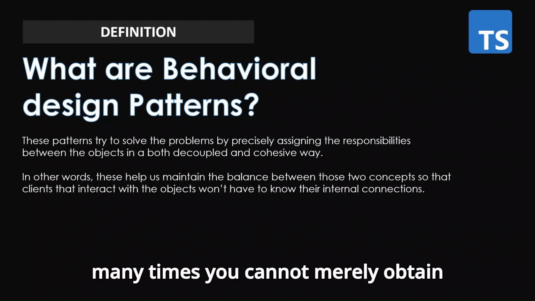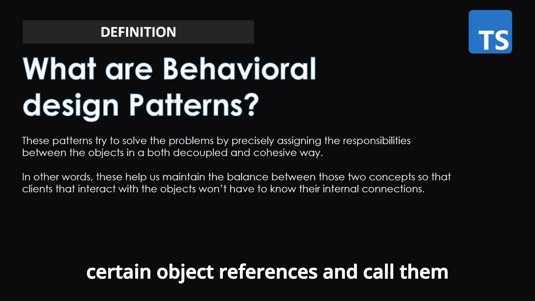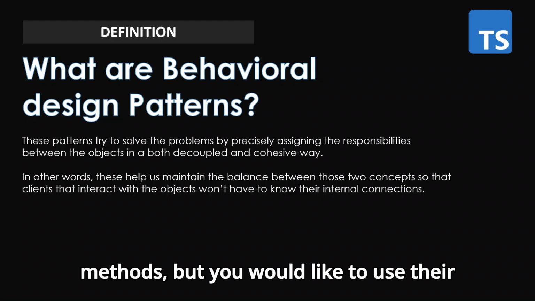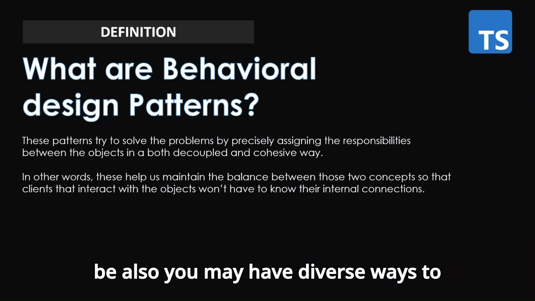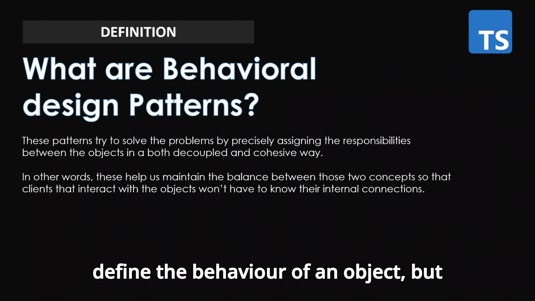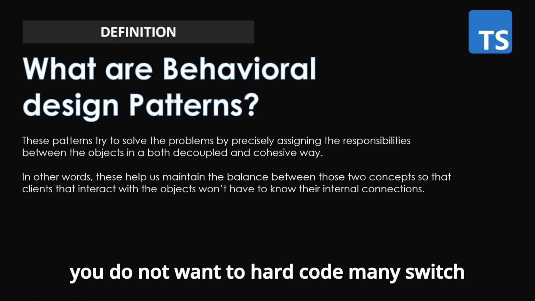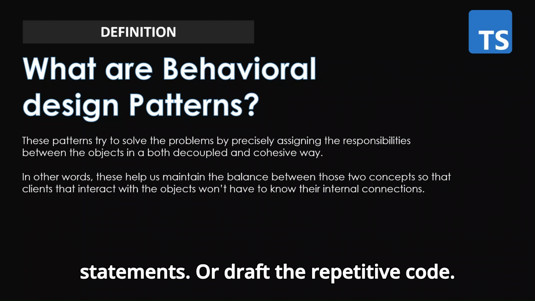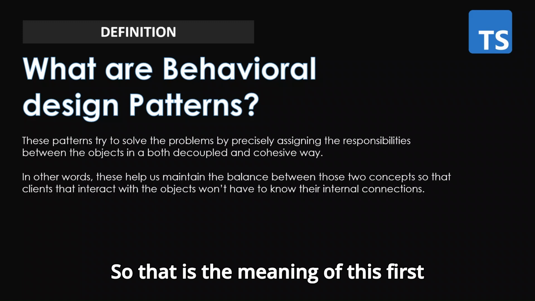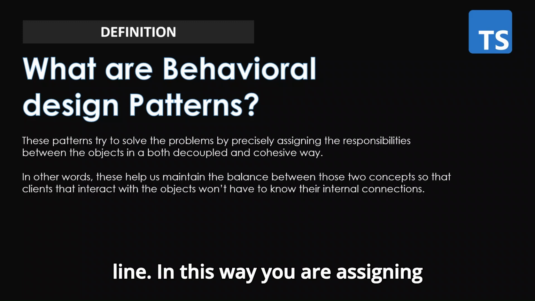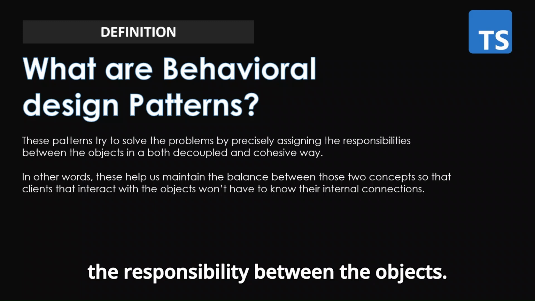And many times you cannot merely obtain certain object references and call their methods, but you would like to use their functionality. Maybe you also have diverse ways to define the behavior of an object, but you do not want to hard code many switch statements or draft repetitive code. So that is the meaning of this first line.